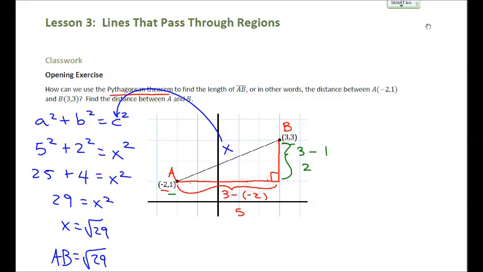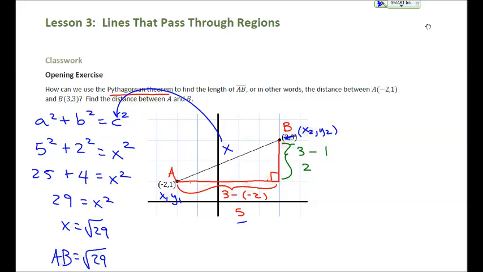So let's rework this problem, but instead of using the coordinates, I'm going to use x1, y1 for the coordinates of A, and x2, y2 as the coordinates for B. Now, remember that we took the difference between the x coordinates to find 5.